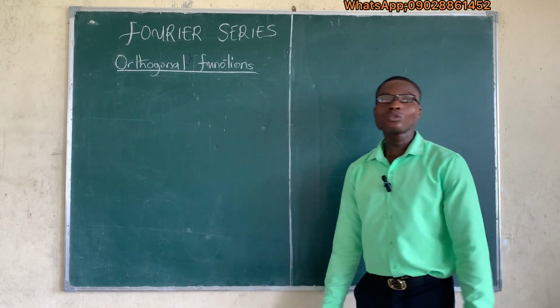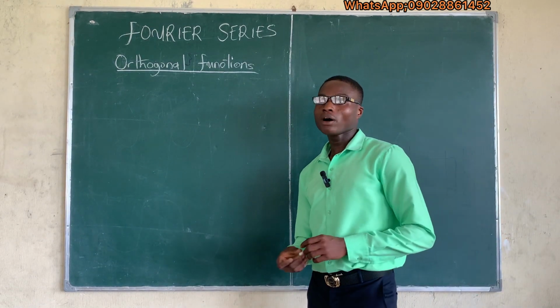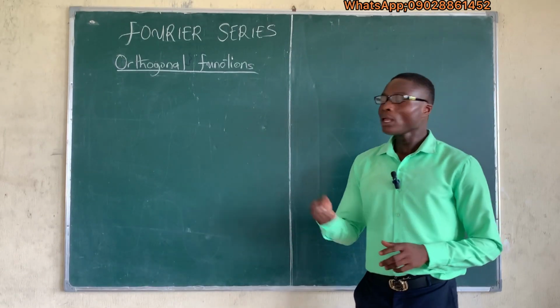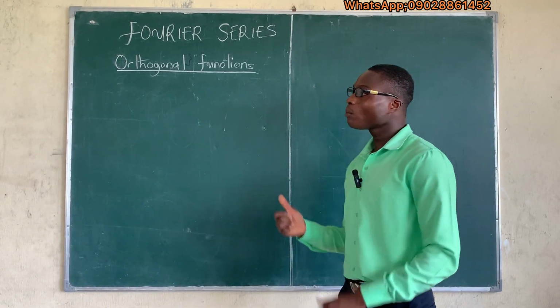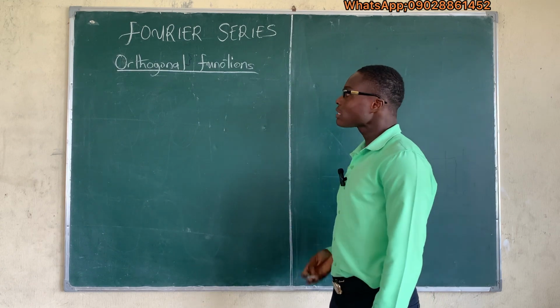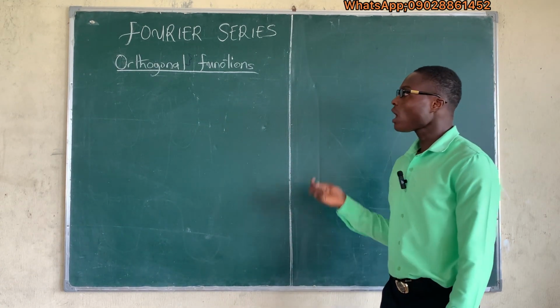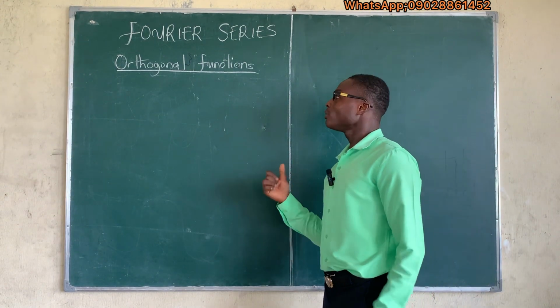A function is said to be orthogonal on an interval a less than or equal to x less than or equal to b if the integral going from a to b of the first and second function multiplying themselves with respect to x is equal to 0.